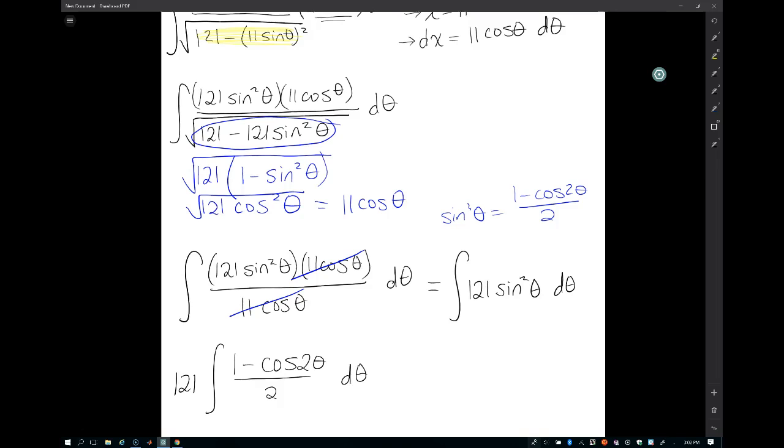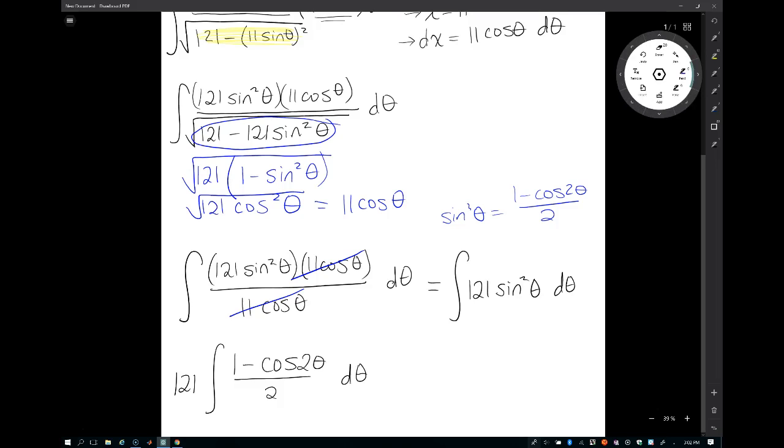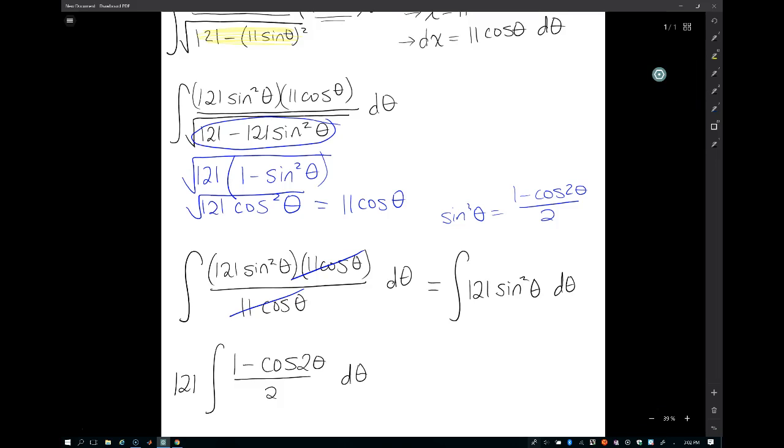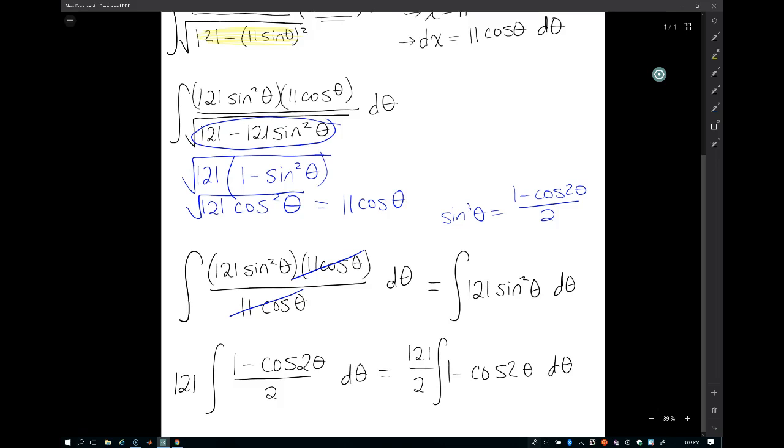So this is really just a double angle identity where the terms got rearranged a bit. So that divide by 2, I'm going to go ahead and just move it out front with my 121. It's a coefficient. It's not going to affect how we take our derivative or antiderivative. And that makes it look a little bit easier because now we don't have to worry about fractions.